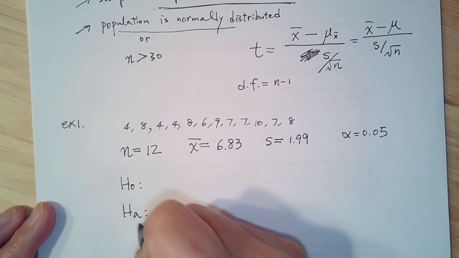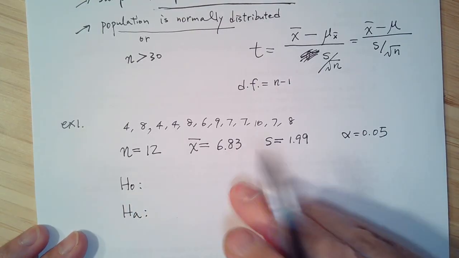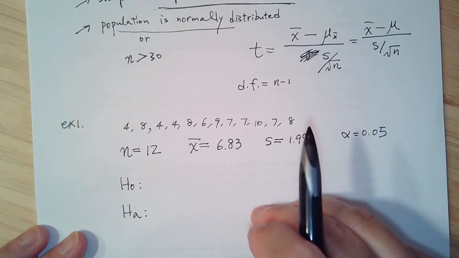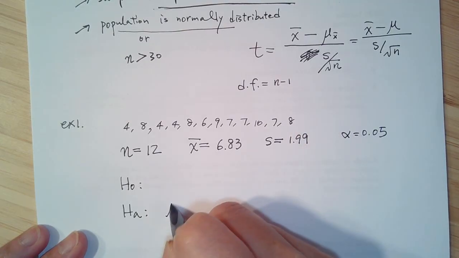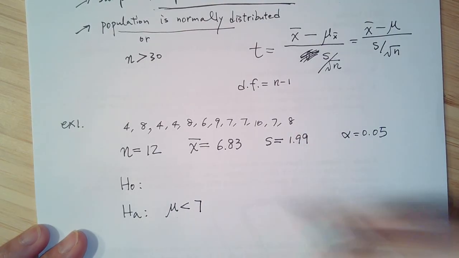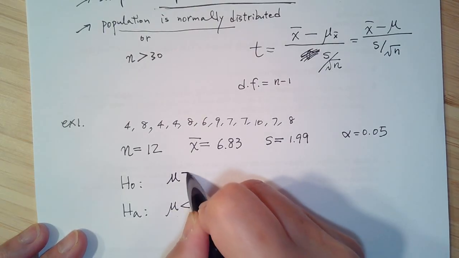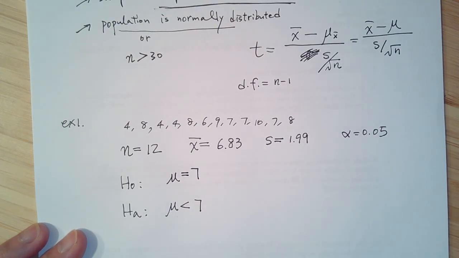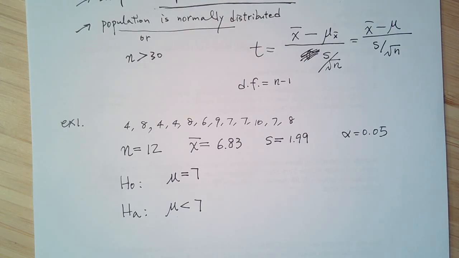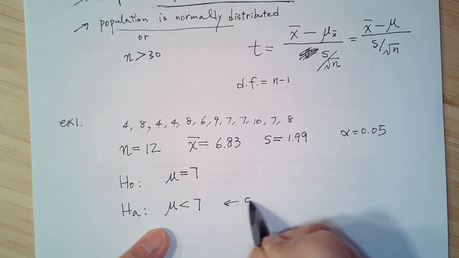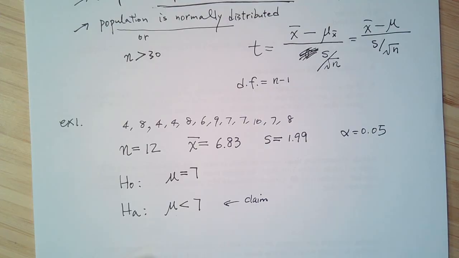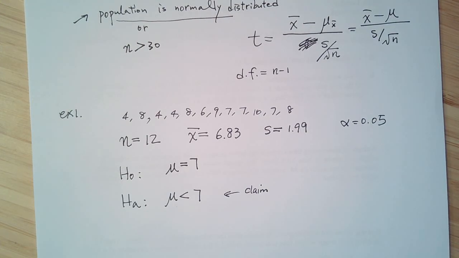H0, Ha. When they say the average sleeping hour is less than 7, which is this, mu less than 7. Got that? And then here will be mu equals 7. See, we identify the claim, this is our original claim, right? And then we put them in null hypothesis and alternative hypothesis.